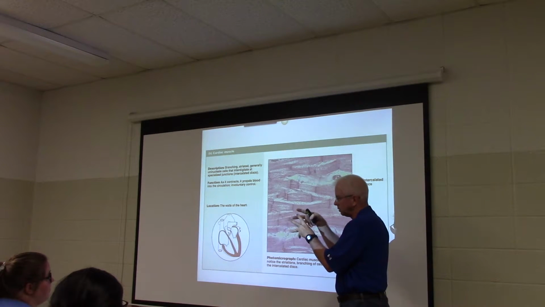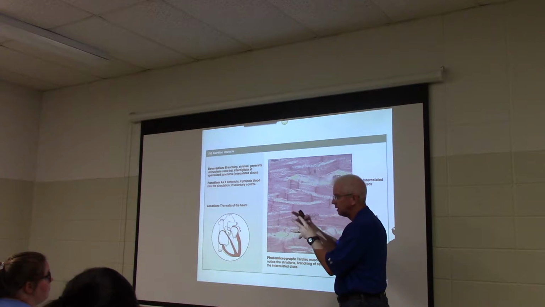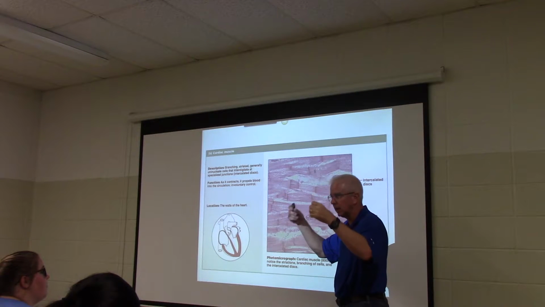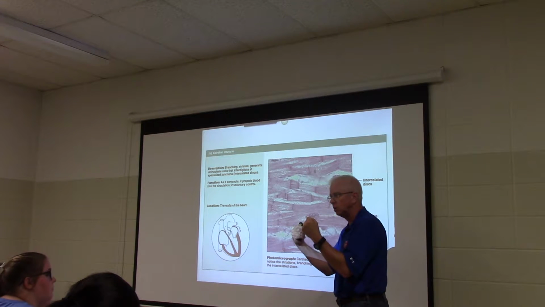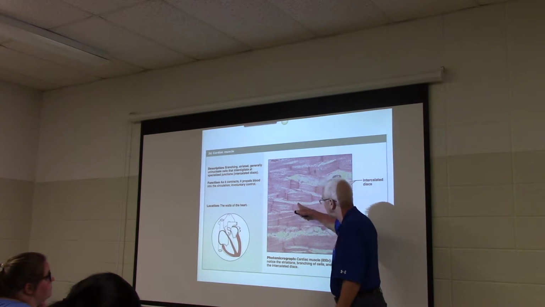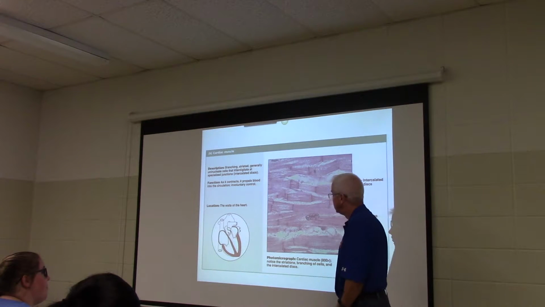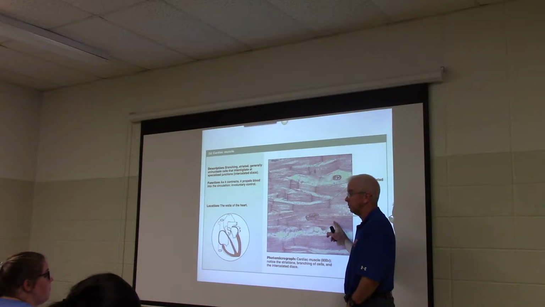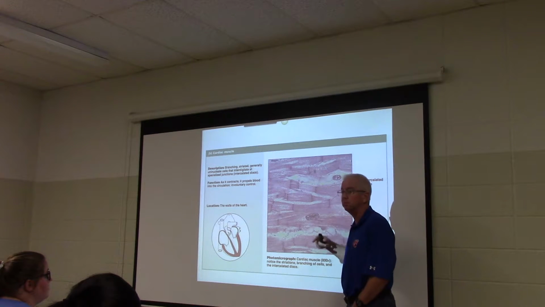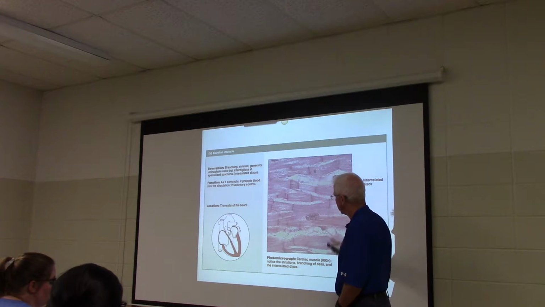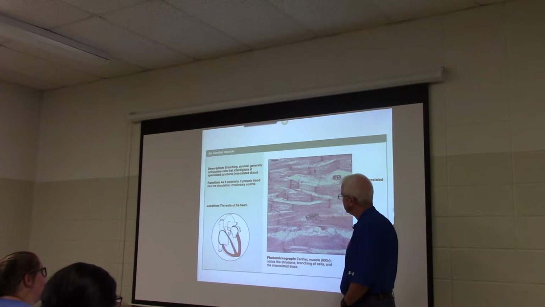The branching is interlaced with connective tissue skeleton elements that allow the cells to pull on the tissues in between to create force in their contraction. So you'll see this every time you see a cardiac muscle section. You'll see branching patterns, gaps between the cells. They're important anatomy and physiology observations.